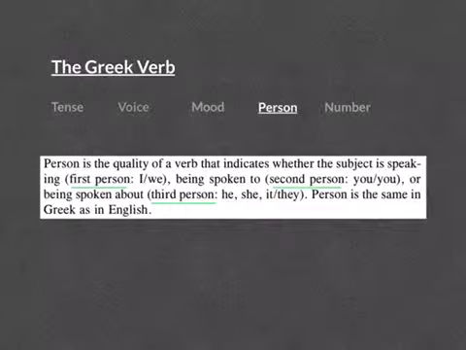And if I'm speaking about she over there, or he over there, or y'all. Anyway, y'all would actually be second person, by the way, plural. Anyway, person in Greek is the same as English, but just remember 1, 2, 3.